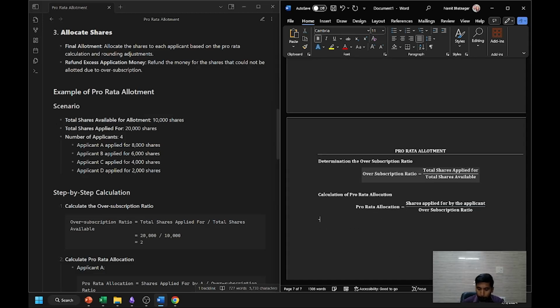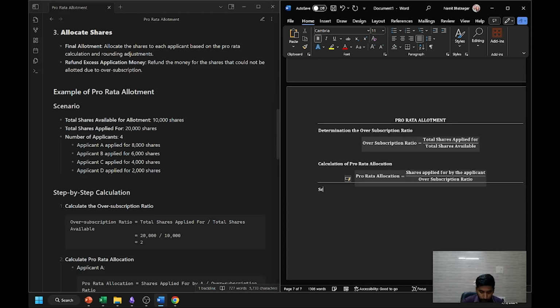Let us consider a scenario where the total shares available for allotment is equal to 10,000.